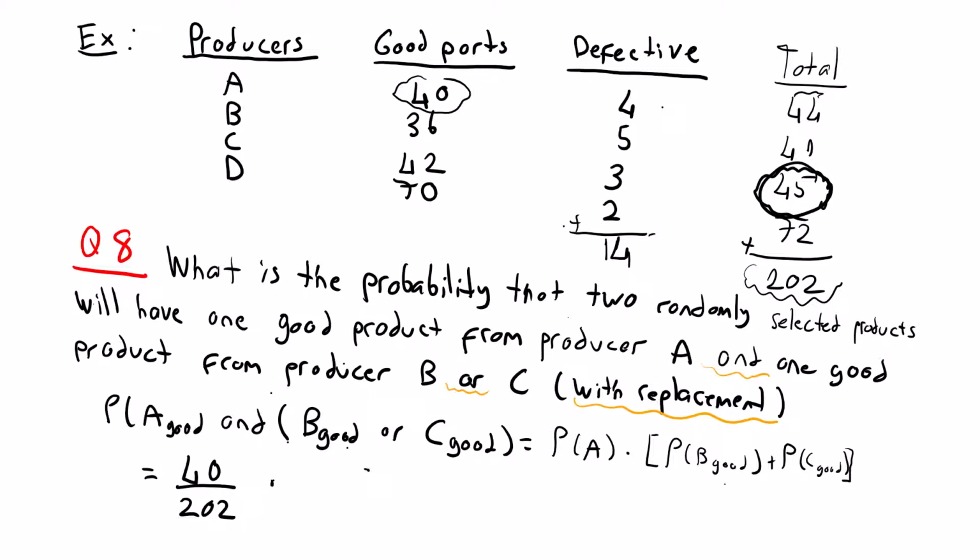Then you go for the second round. You either want to take a good product from B or a good product from C. So what we're interested in is the probability of getting a good product, 36 divided by 202, plus 42 divided by 202, because the number of good products that come from producer C is 42.